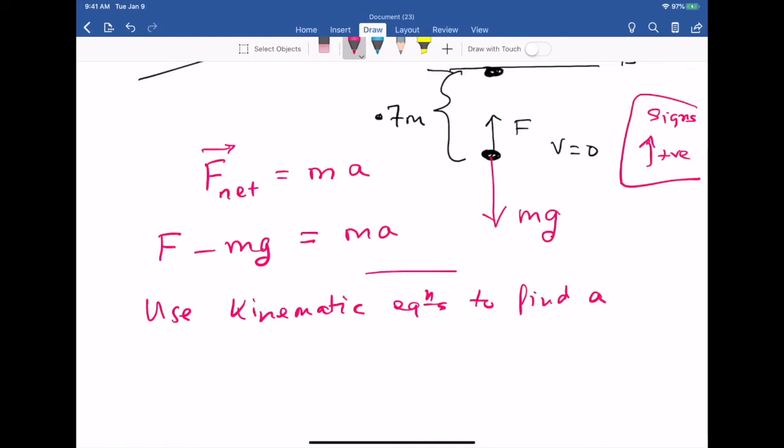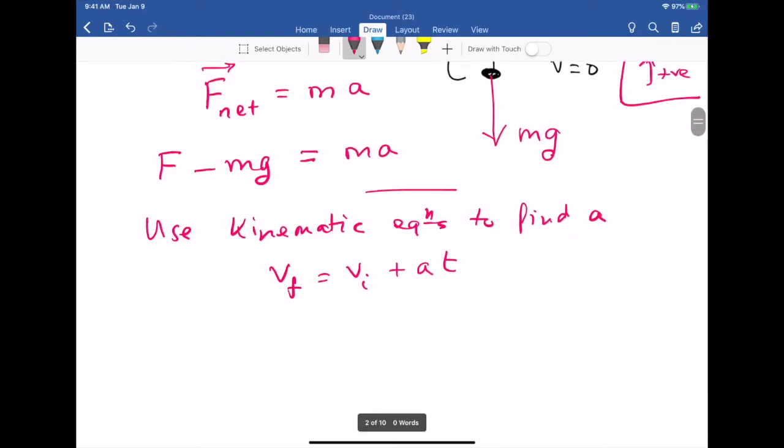What are the kinematic equations? Let's just write them down. The first kinematic equation is V final is equal to V initial plus acceleration multiplied by time.